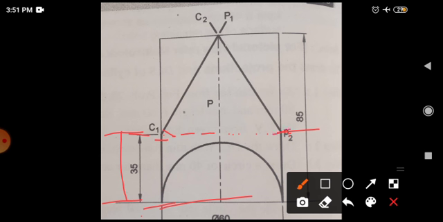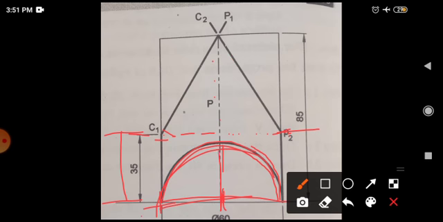Then you have to draw a circle over here, with radius equal to 30 millimeter. Take the distance in the compass and draw this semicircle, and from this center draw a center line.